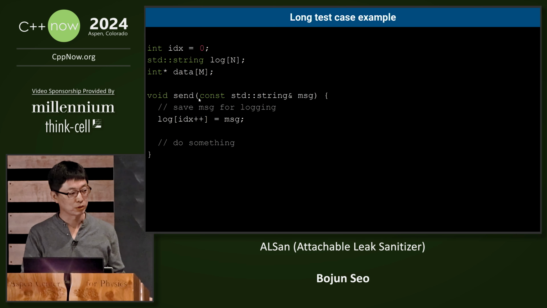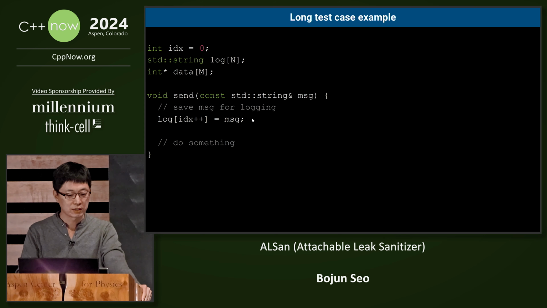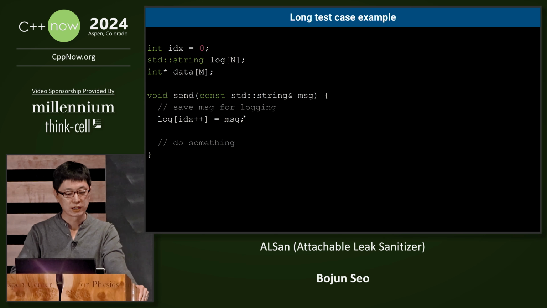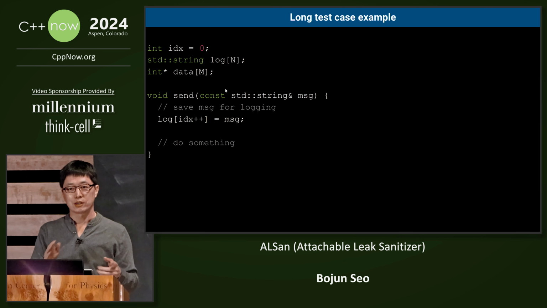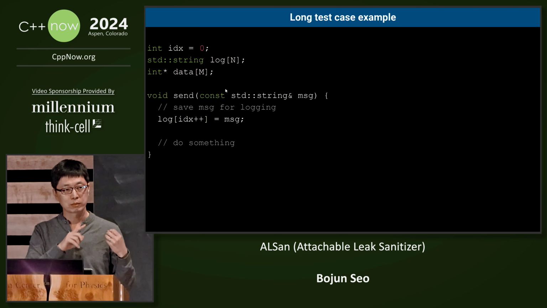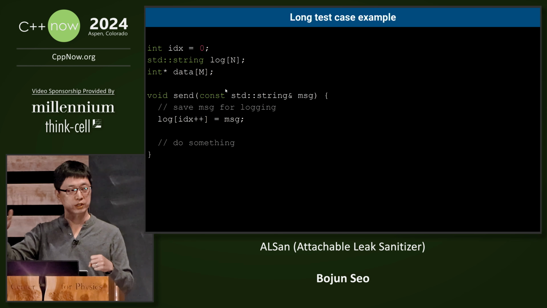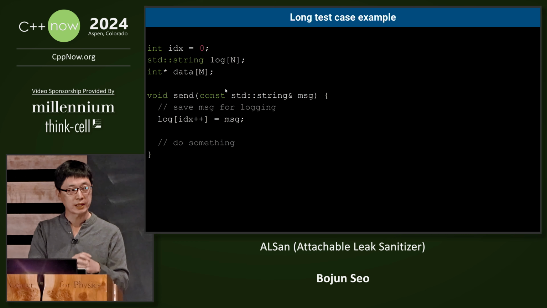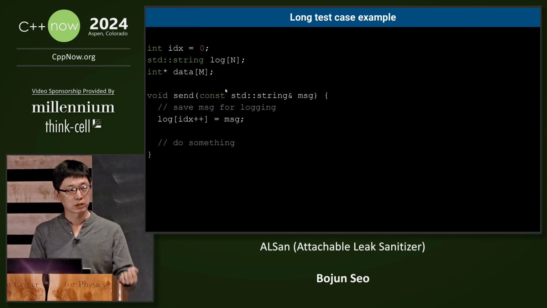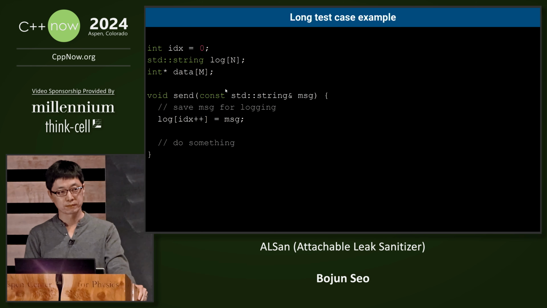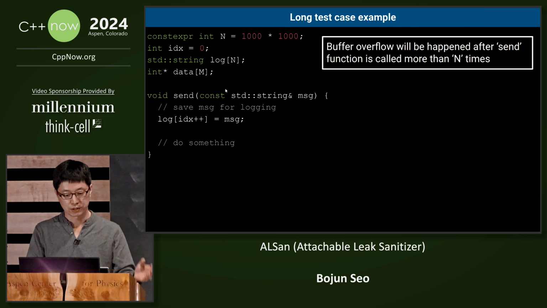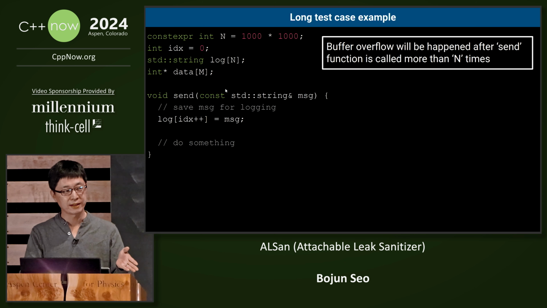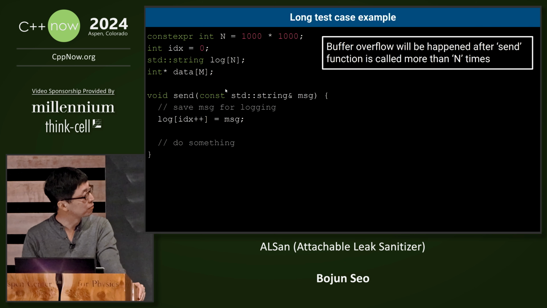Exactly, it will overflow, because if send comes, then it's just increasing, so it will overflow and crash this data array. And if it contains some pointer of the heap, an allocated pointer of the heap, then this overflow will cause a memory leak, right? And it will happen only after the send function is called more than n times, in this case, a million times.